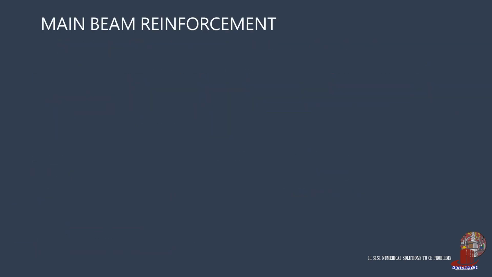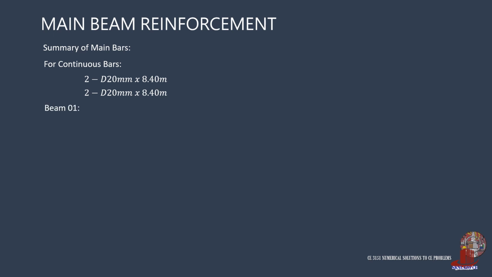The main beam reinforcements are then summarized as follows. The continuous bars are 2 D20 by 8.4 meters length for top and bottom bars. In beam 1, the left top bar is 3 D20 by 2 meters. The right top bar is another 3 D20 but 2.4 meters.